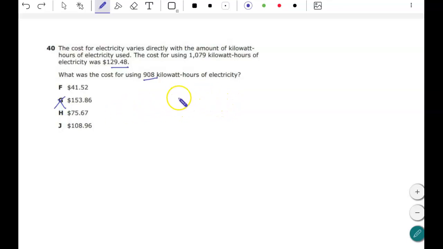All right, so you want to do direct variation, and you then could divide and find out what it is per kilowatt, just using your calculator. 129.48 divided by 1079 comes out to 12 cents, and that means it's 12 cents per watt.